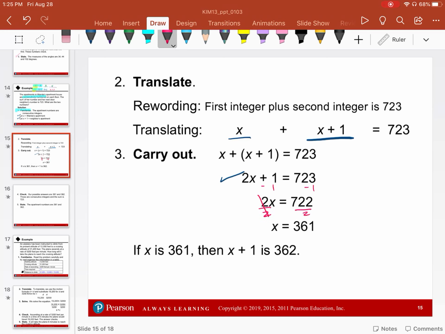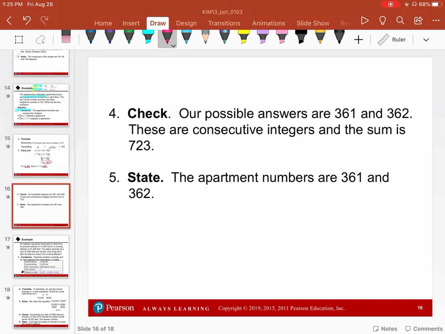We get x is 361. So that means our first apartment is 361 and the next one is 362 because we're adding 1. And they check out. 361 plus 362 is 723. So we can say as an answer something along the lines of the apartment numbers are 361 and 362.